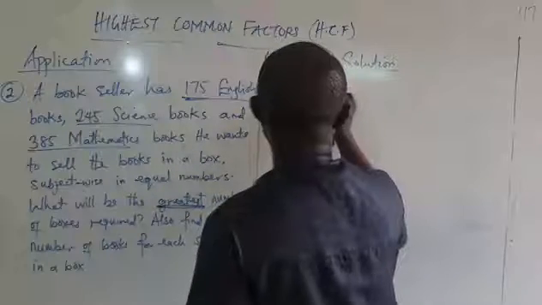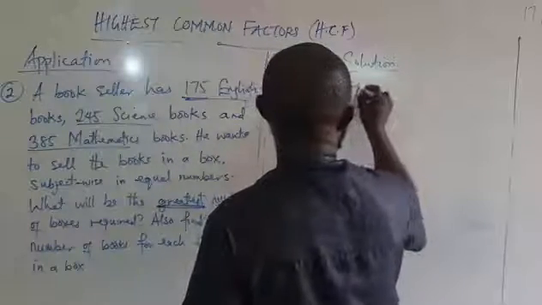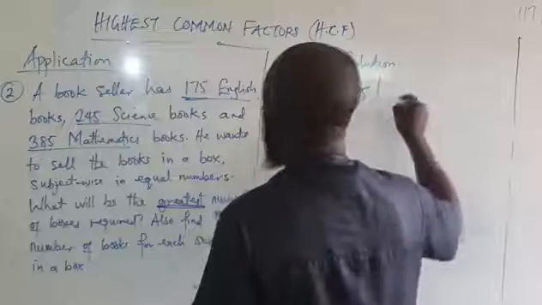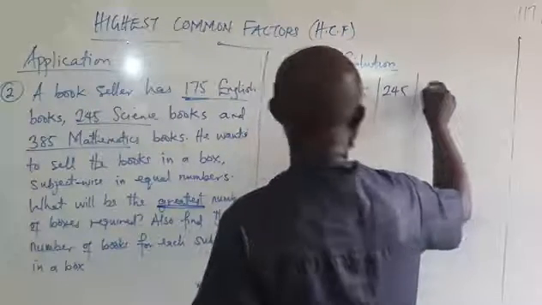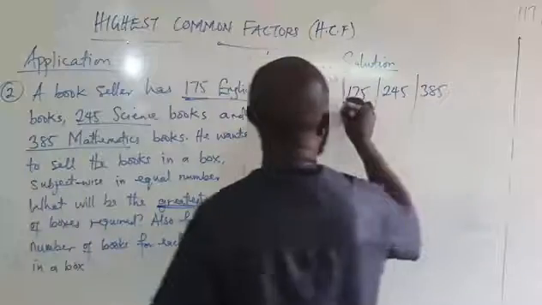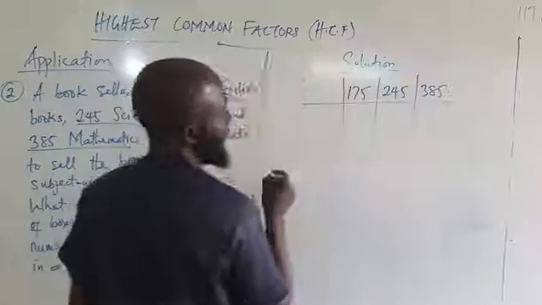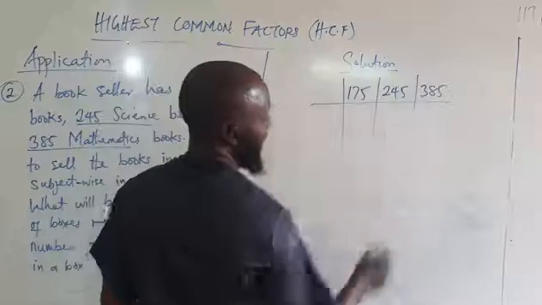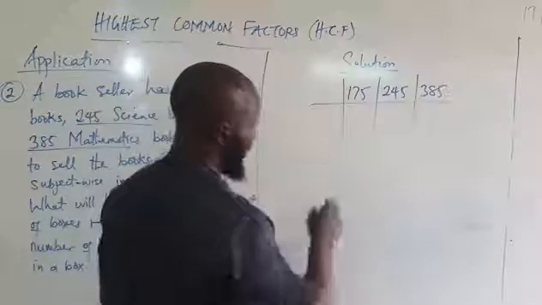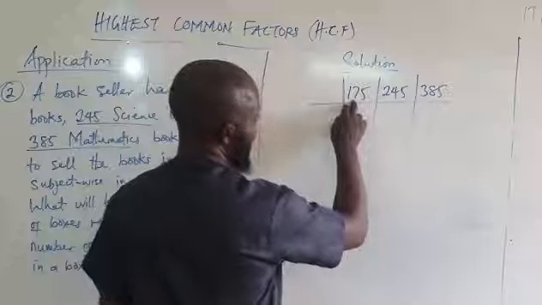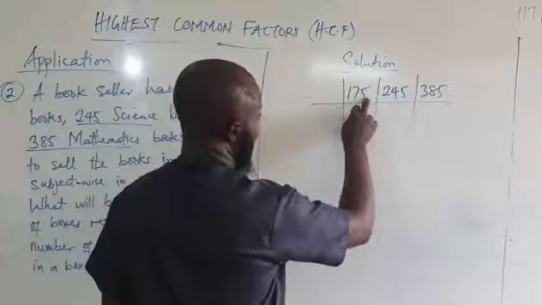So let's make use of this. 175, then 245, then move on to 385. We have 5 can go because all of them end with 5. Or let's check if 3 can go. 2 cannot go. 3, this is 8 plus 5, that is 13. 3 cannot go.